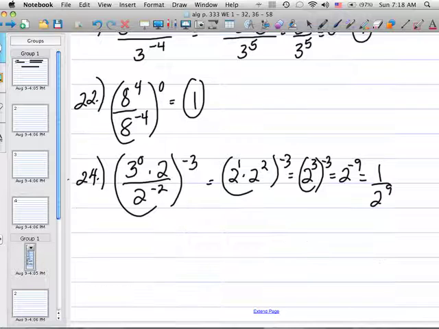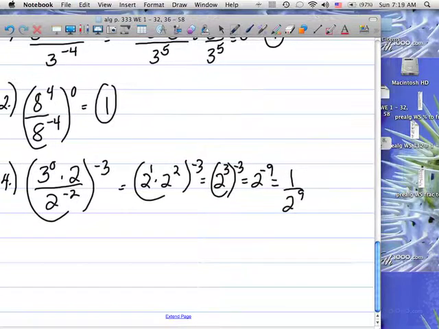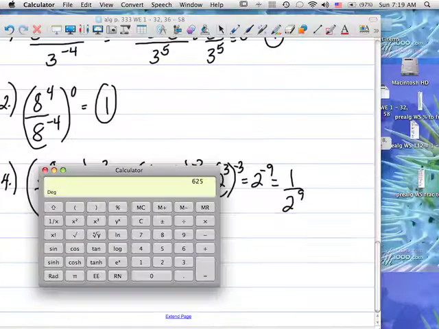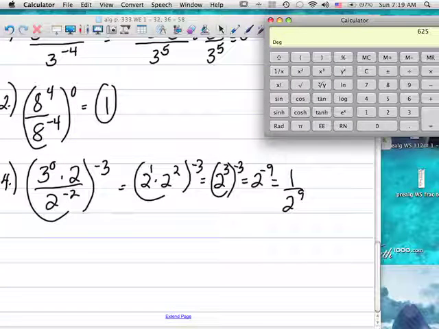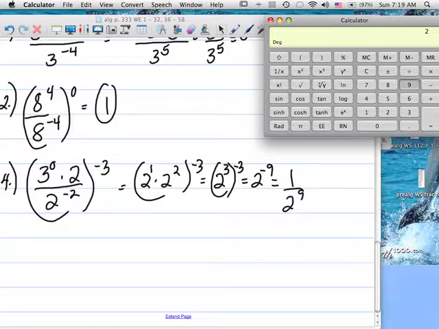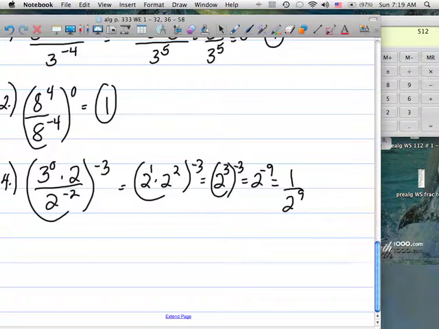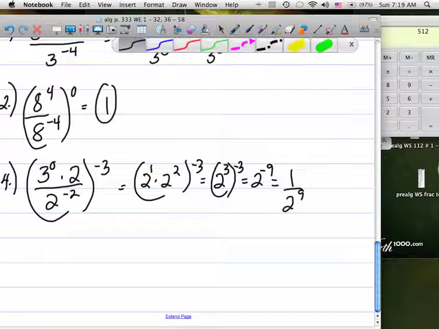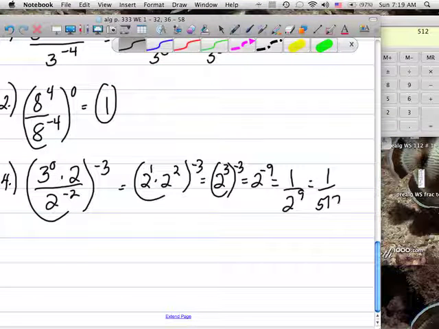And then using my calculator, 2 to the 9th power is 512. So that's equal to 1 over 512. Don't go across the fold. If that was too much going across, just go down.